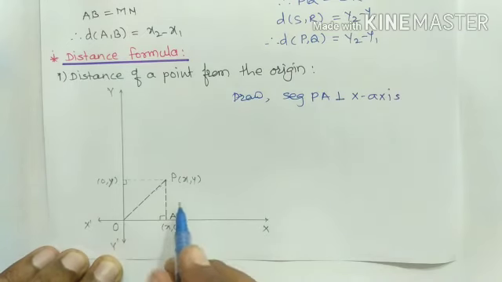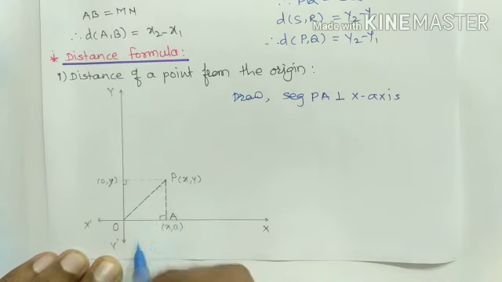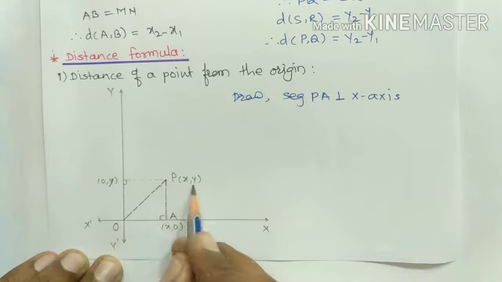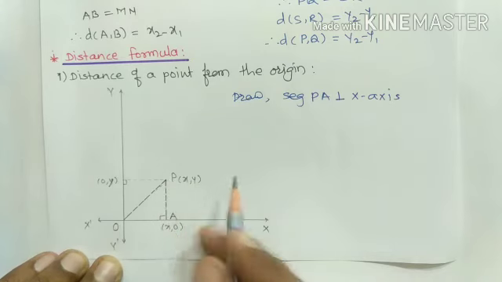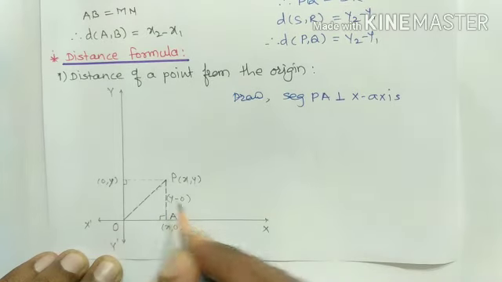We know that the distance between two points, if the segment joining them is parallel to the y-axis, is y2 minus y1. Here the y coordinate of point P is y, and of point A is 0. So distance PA equals y minus 0, which equals y.